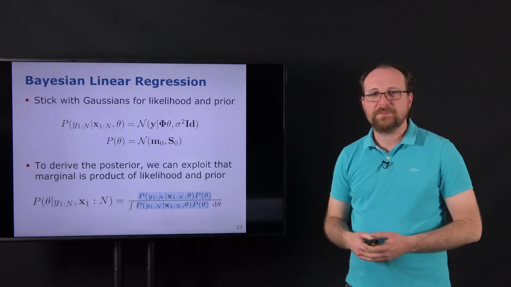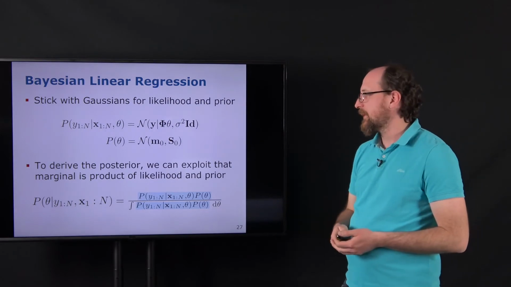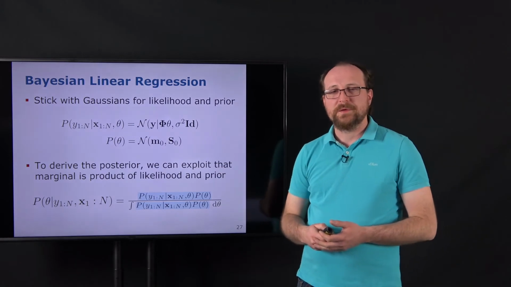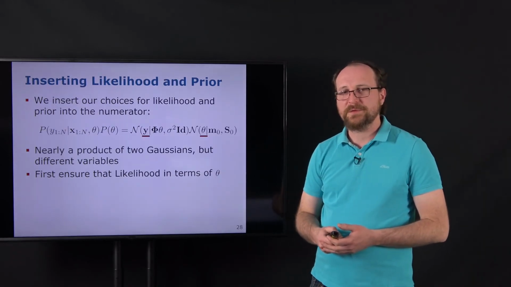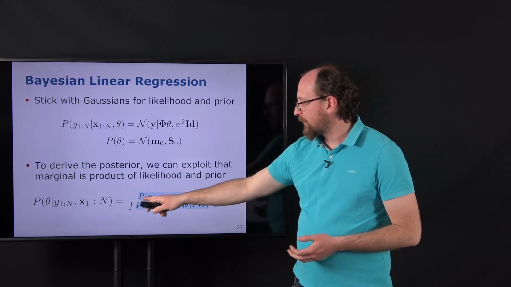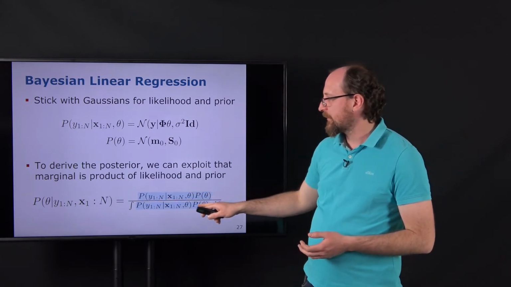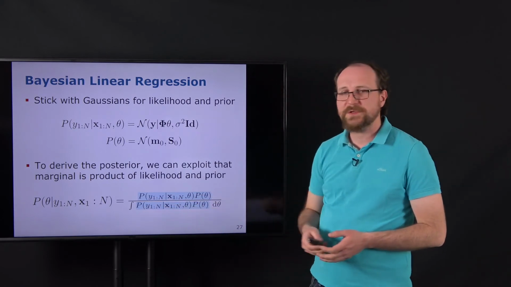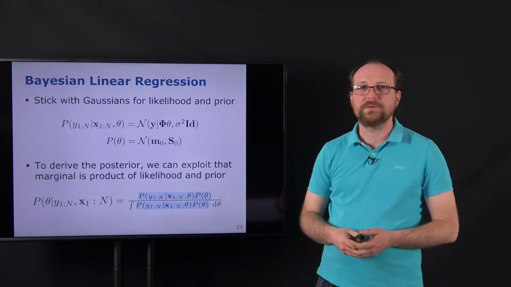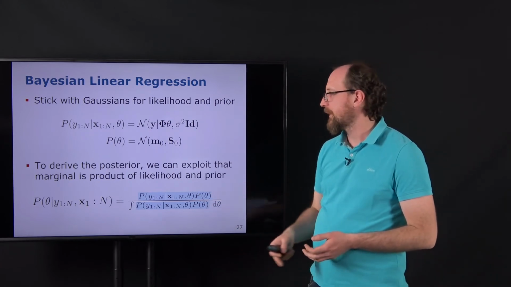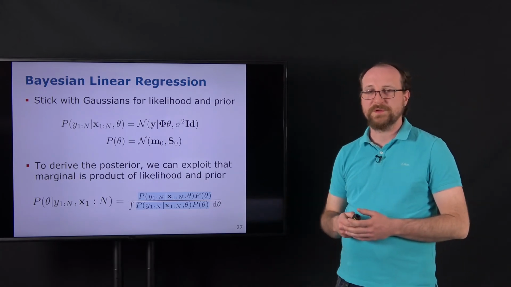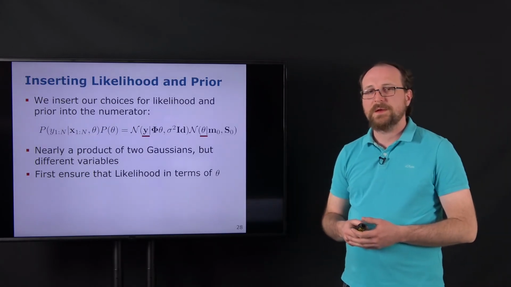To derive the posterior, we can exploit that we have the marginal as a product of the likelihood and the prior. That means the term highlighted in blue, the numerator, turns up in the integral, and therefore when we find something for the numerator, we can just plug it into the integral and then hopefully get out something sensible in the end.